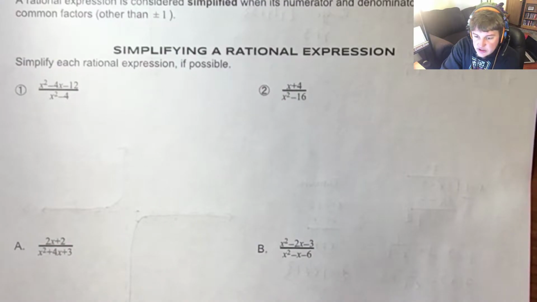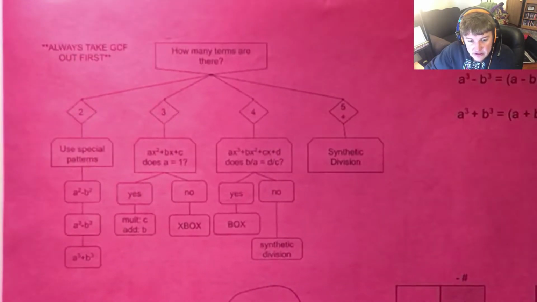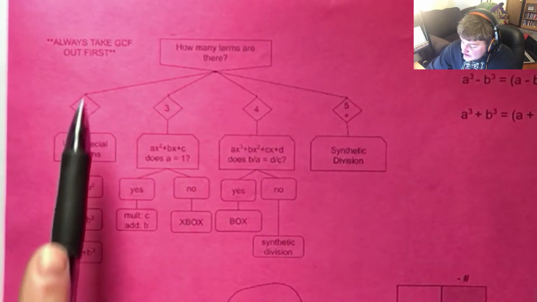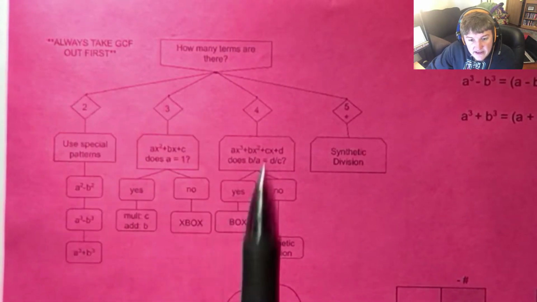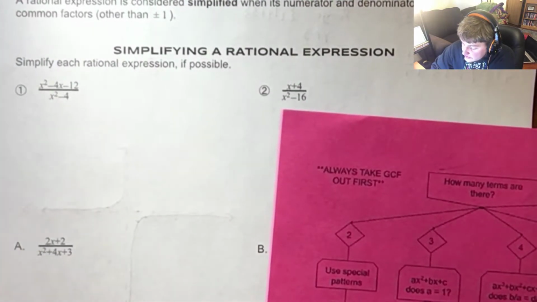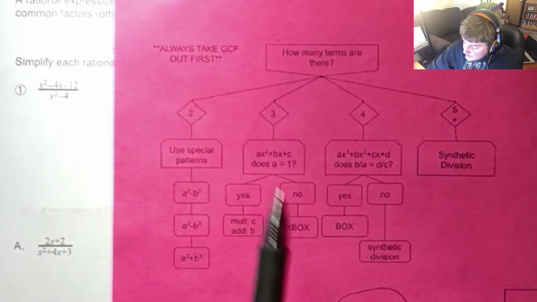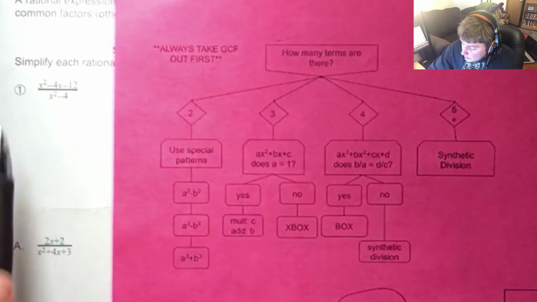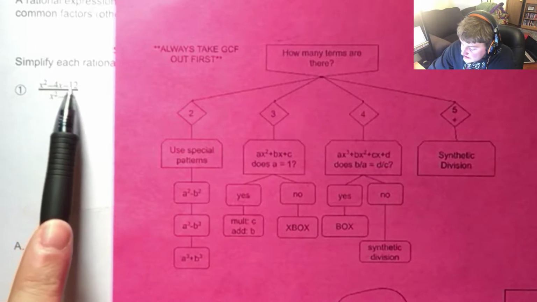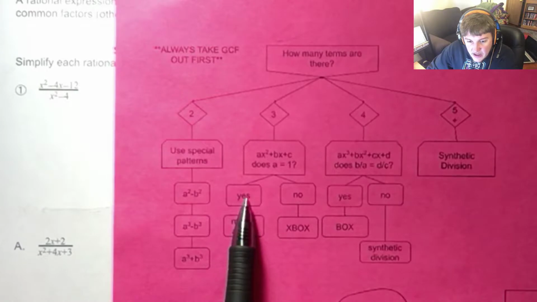If you need to refer back to this sheet and how we factor this, we are always going to take a greatest common factor out, and then you ask how many terms it is. So I have 3 terms. Does my a value equal 1? So ax squared plus bx plus c. So a here is 1. So yes, my a value is 1.